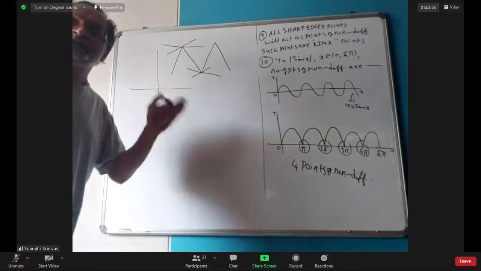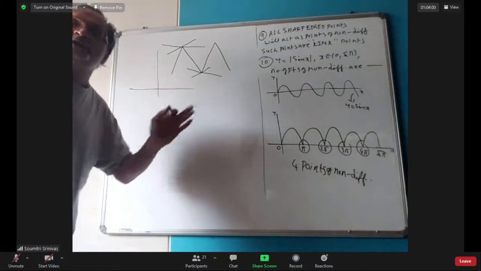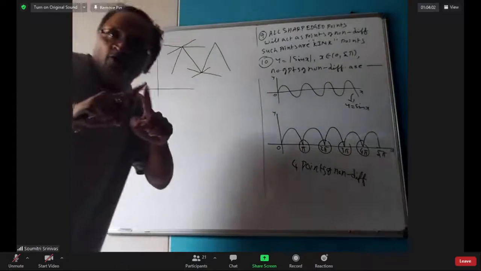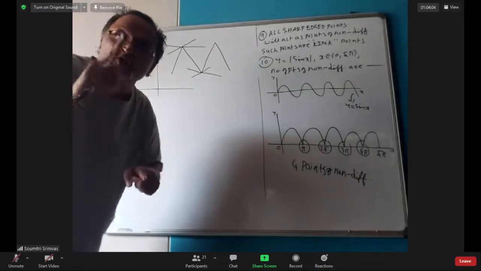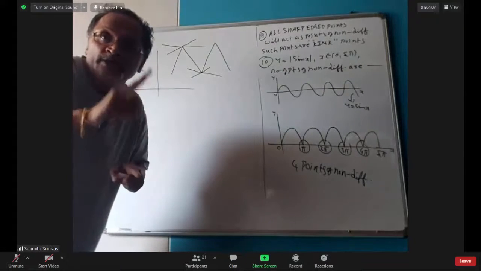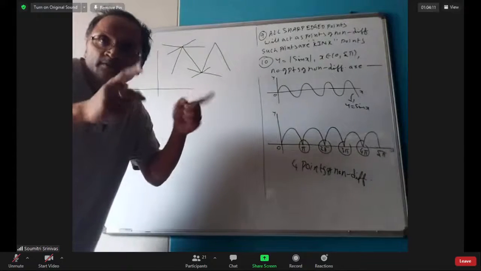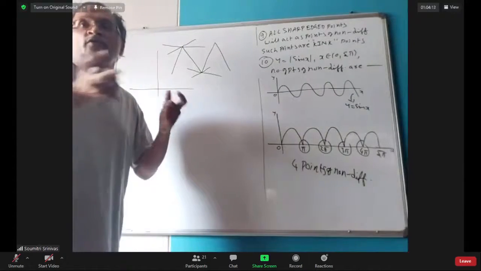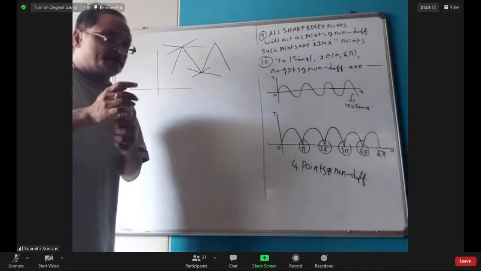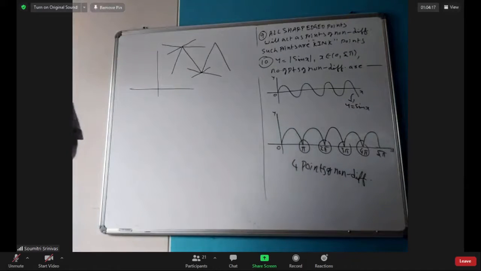Can you draw a line touching the curve only at one point? Can you draw a unique line, one line touching the curve at those unique points? No. Therefore, those sharp-edged points will act as points of non-differentiability.